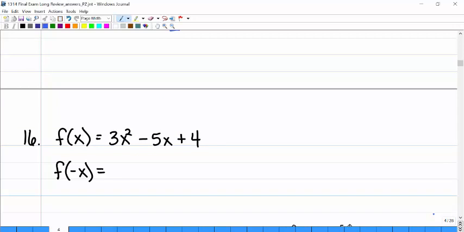For number 16, I'm given the function f of x equals 3x squared minus 5x plus 4, and I'm asked to evaluate f of negative x. Everywhere I see an x in my original function, I'm now going to type in negative x. So I have 3 times (negative x) squared minus 5 times negative x plus 4.